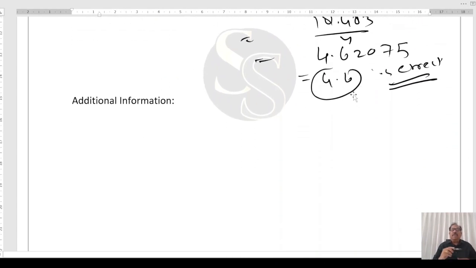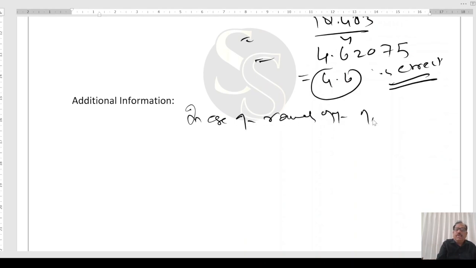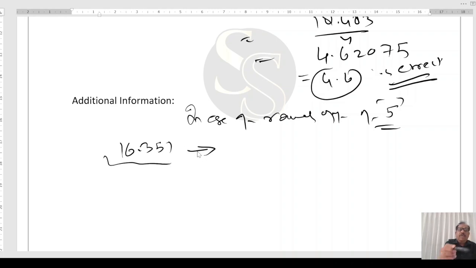Additional information: in case of rounding off a 5, which procedures are used? Suppose 16.351. How to round it off? If this 5 is followed by non-zeros, increase the preceding digit by 1.